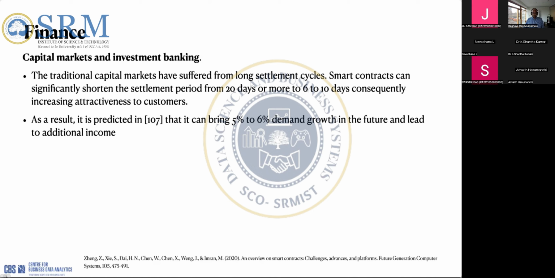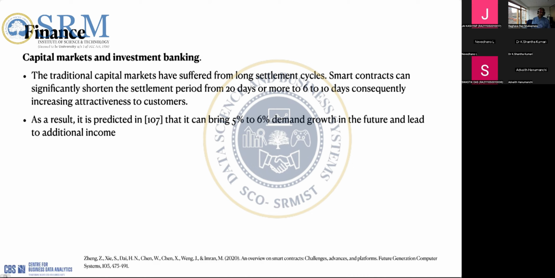So when we automate these processes using smart contracts, you will still have human intervention, no doubt about it. The only thing is, since they are automatically executed, you will probably have one or two people checking whether the executions are going according to the norm.